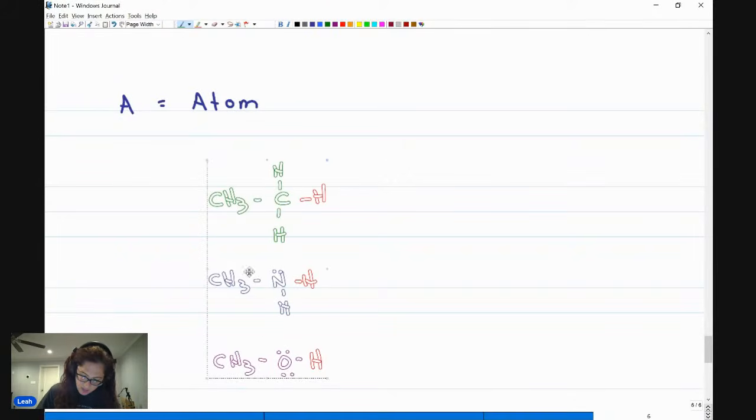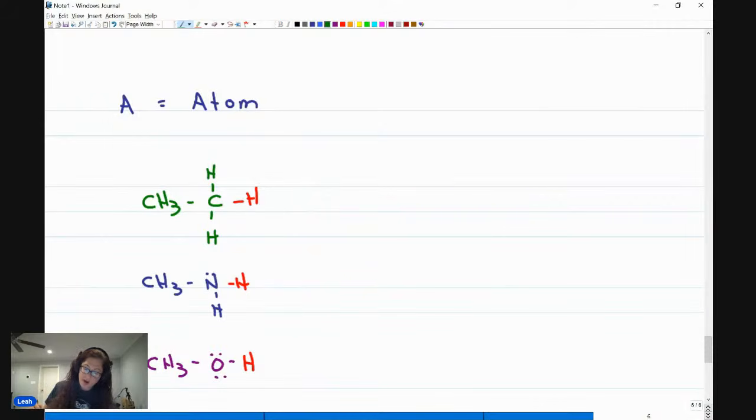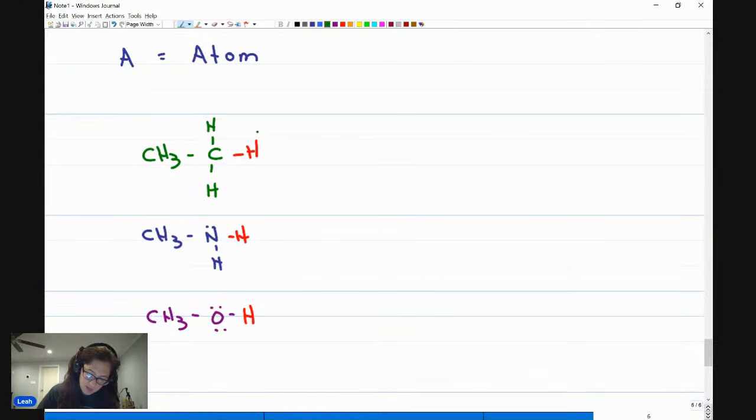I have 3 different molecules, and my question to you is, of these 3, which one is the stronger acid and which one is the weaker acid? Specifically, the acidic hydrogen is the red one that I'm showing you right here.